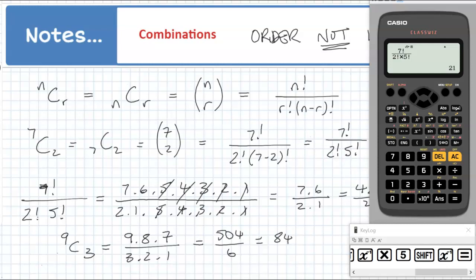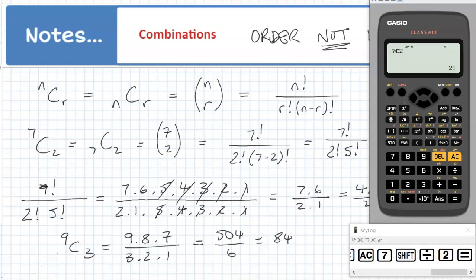Just to say, however, we can use the function that's just above the divide sign there. We can shift divide in order to actually get combinations as a function programmed into the calculator. So for the sake of argument, if you wanted to do 7 combination 2, we just type out 7 shift divide 2 and press equals. We get 21.